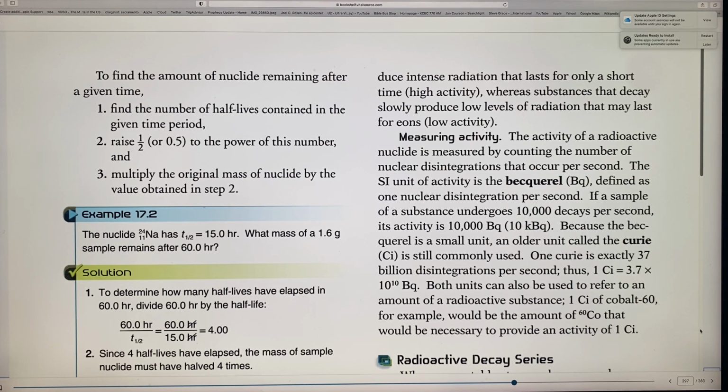Okay, measuring activity of radioactive nuclear disintegration or decay. So you have the units that you're going to measure. The SI unit is called the becquerel, after the scientist, Bq, and it is defined as 1 nuclear disintegration per second.